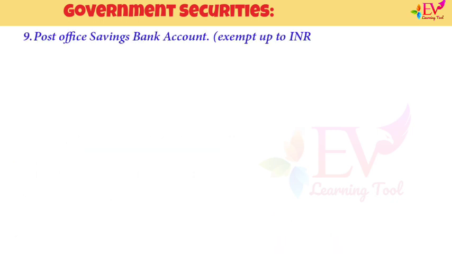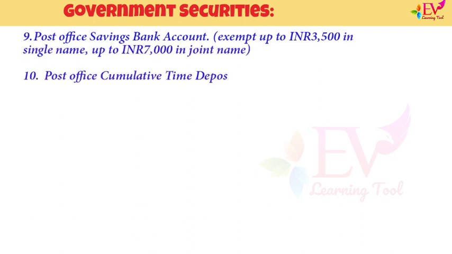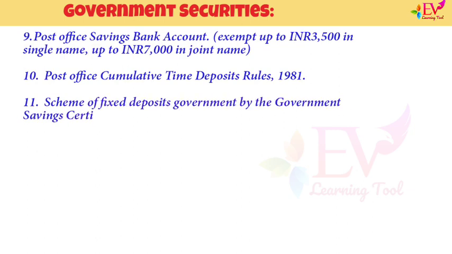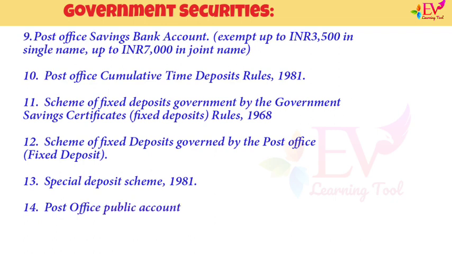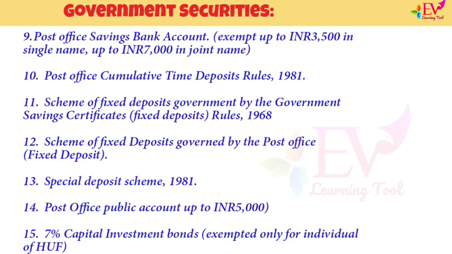9. Post Office Savings Bank Account. Exempt up to 3,500 Indian rupees in single name, up to 7,000 Indian rupees in joint name. 10. Post Office Cumulative Time Deposits Rules, 1981. 11. Scheme of Fixed Deposits governed by the Government Savings Certificates, Fixed Deposits, Rules, 1968. 12.